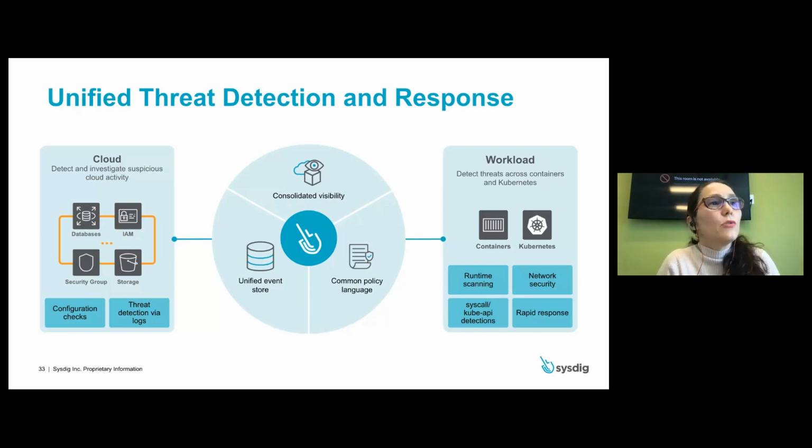So we believe in a unified security platform, because as we've seen, the attack is not one event, but a sequence of steps, and they go from your cloud environment to your workload environment, and back and forth. You need to be able to detect both together with the same policy language, so there is no gap in semantics either, and the same security event pool or storage, so you can build a timeline of events and understand what is going on deeply and fully.